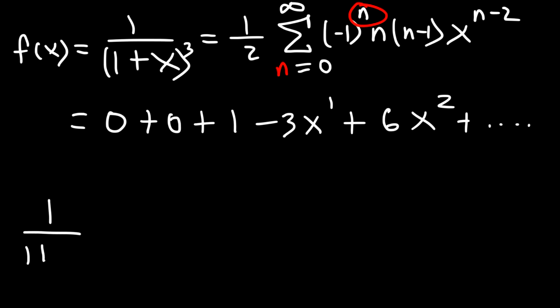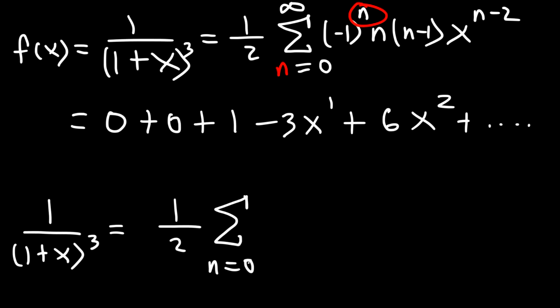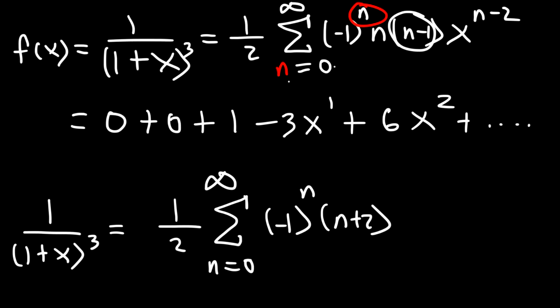So the function 1 over 1 plus x cubed can now be represented this way. 1/2 of the power series from 0 to infinity. And negative 1 to the n, we don't need to change that. Now this part n, we're going to add 2 to it, so it's going to become n plus 2. And then if we add 2 to n minus 1, negative 1 plus 2 is positive 1, so it becomes n plus 1.